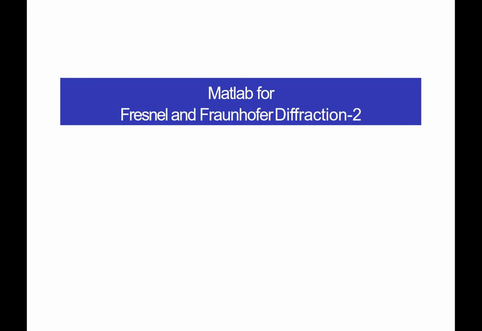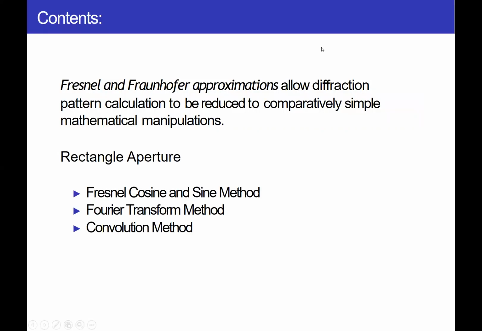Previously, in the last lecture, we have seen the so-called Fresnel cosine and the Fresnel sine method. And then what we are going to do today is discuss other types of methods based upon scalar diffraction theory. So let us start.